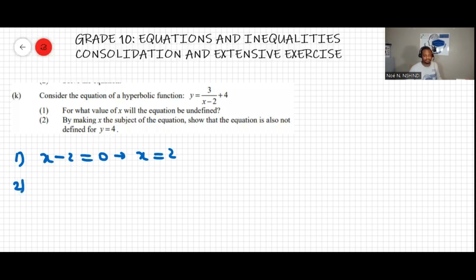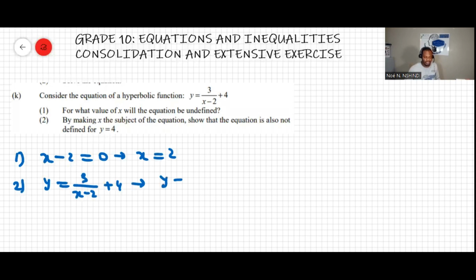Now, question 2 says, by making x the subject of the equation, show that the equation is also not defined for y equal to 4. The equation is given by y equal to 3 over x minus 2, plus 4. If I need to make x the subject of the formula, I will move the 4 over first.